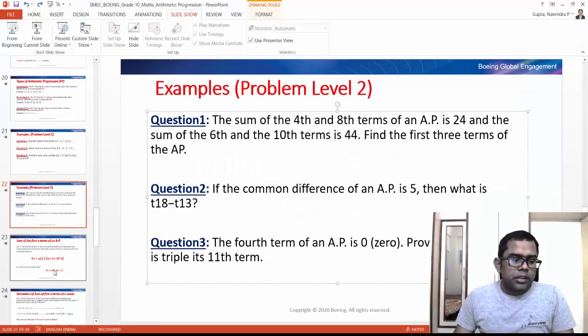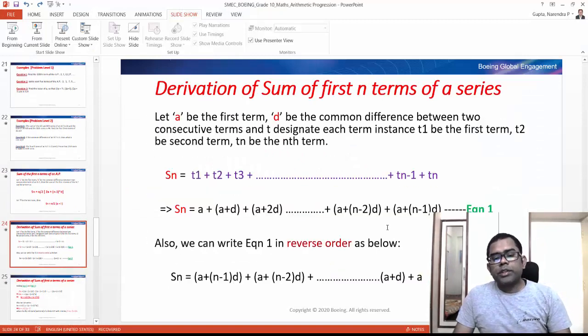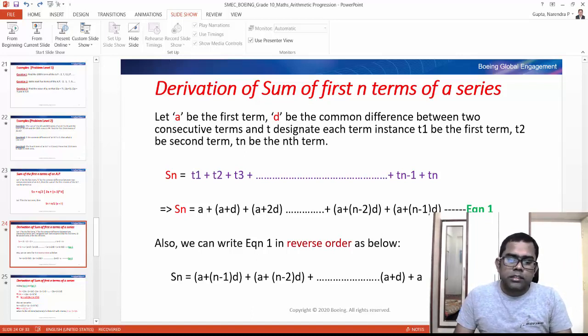So here we do the same thing. We write this equation in a reverse order. We write the terms in a reverse order and add them.